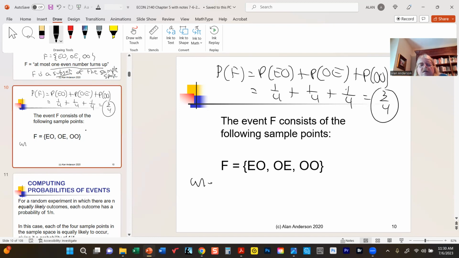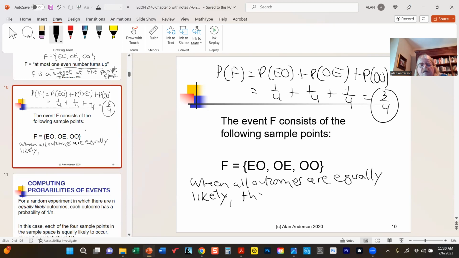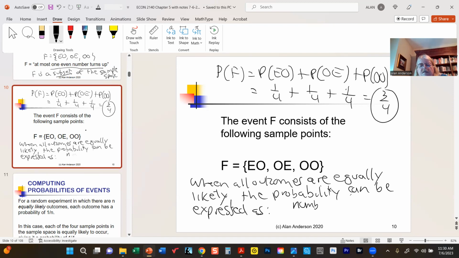When all outcomes are equally likely, the probability can be expressed as the number of elements in this F over the number of elements in the sample space.